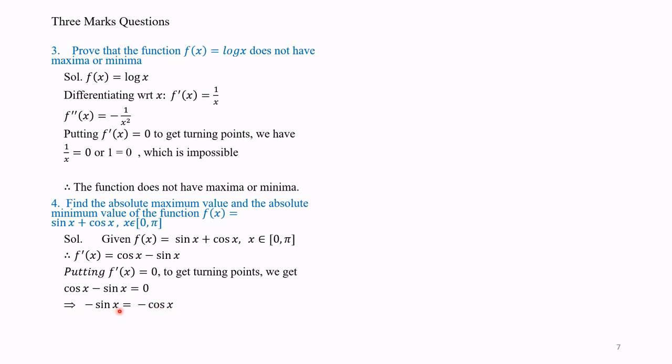So, minus sin x = minus cos x. Now we divide both sides by minus cos x. We get minus sin x by minus cos x, which is tan x. The cos x gets cancelled. So, tan x = 1.